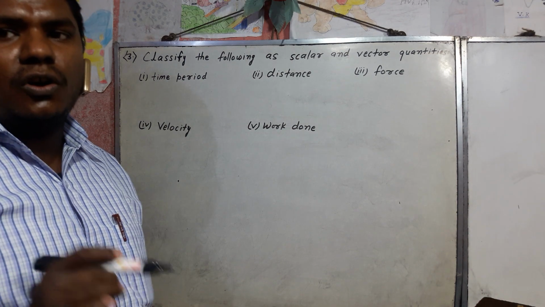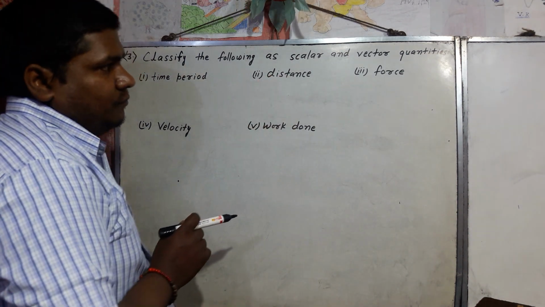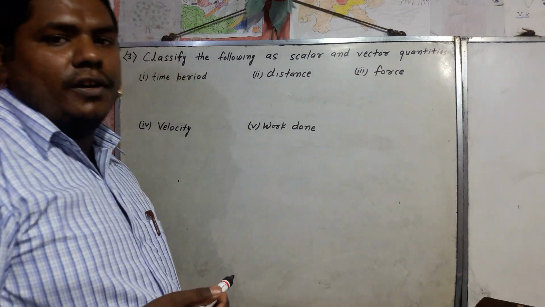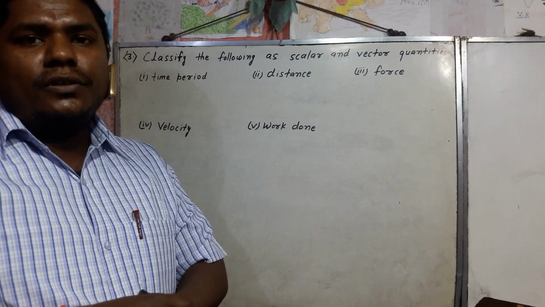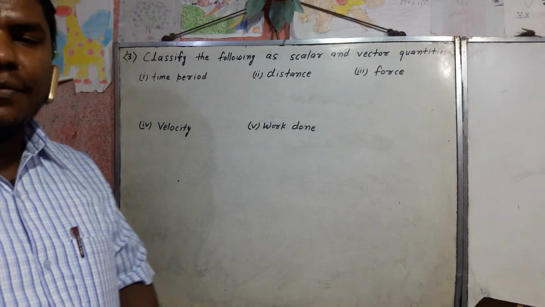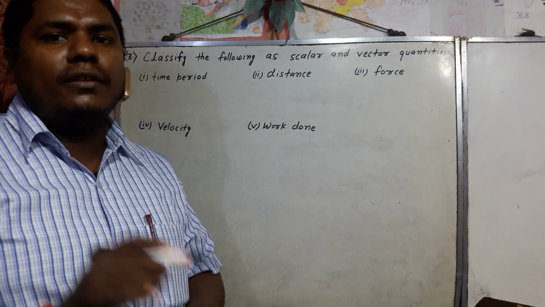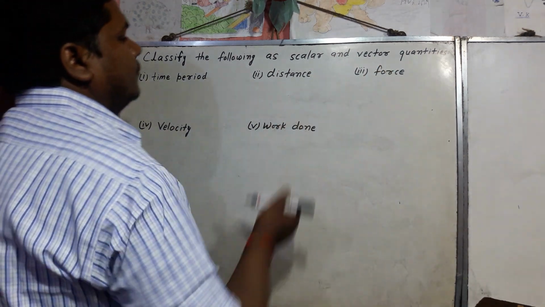A vector quantity is that quantity which has magnitude and also definite direction.